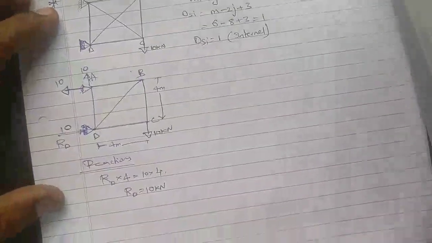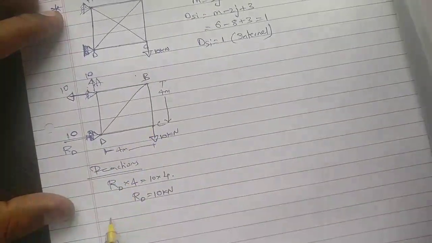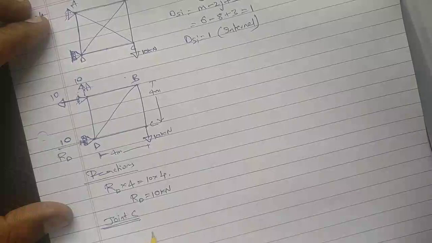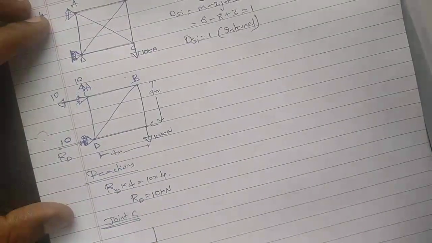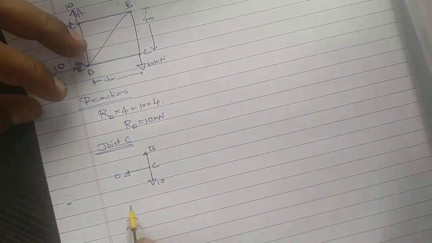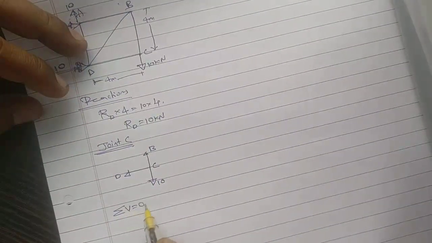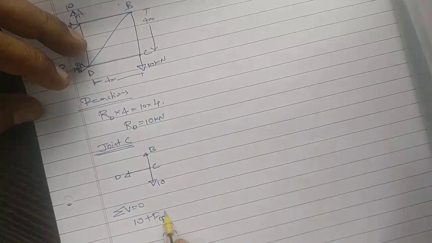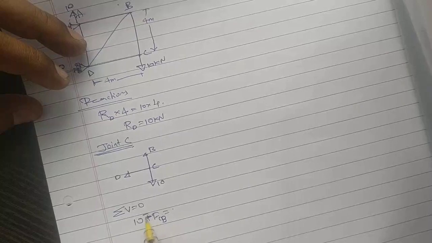So we'll start the problem with joint C. This is B and this is D. Sigma V is equal to 0. 10 plus FCB, 10 is equal to FCB.